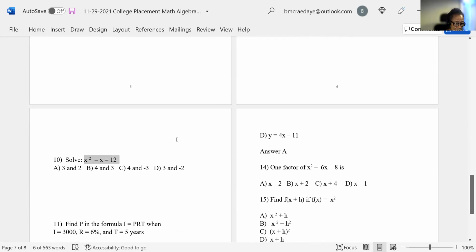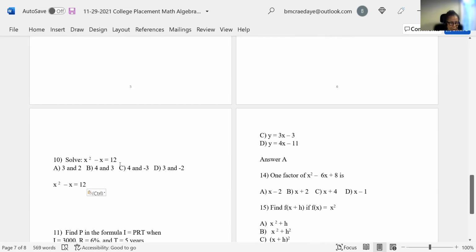What would you have to do? You can subtract 12 from both sides, right? Subtract 12 from both sides. And that would give you, let's just do that. Let's just take this and subtract the 12. Then we can get it in our quadratic format.